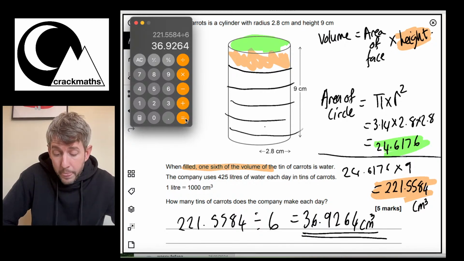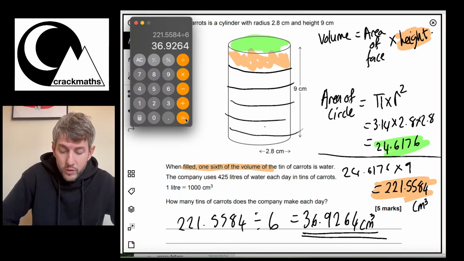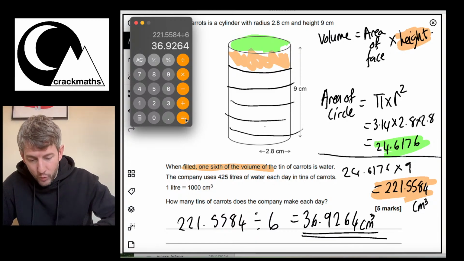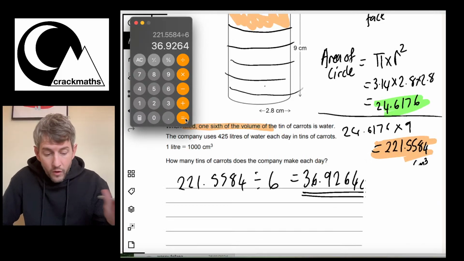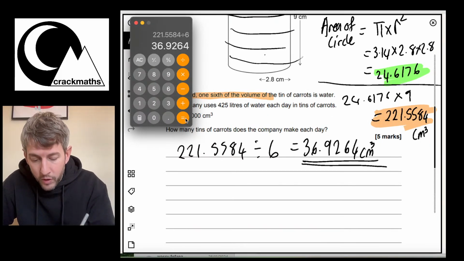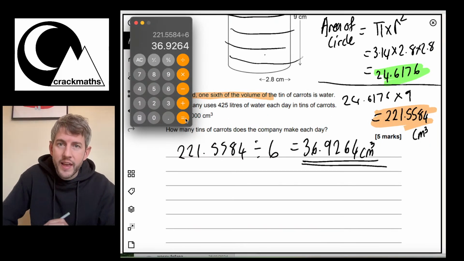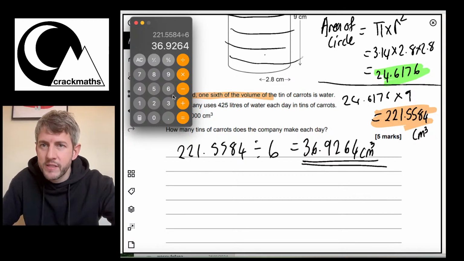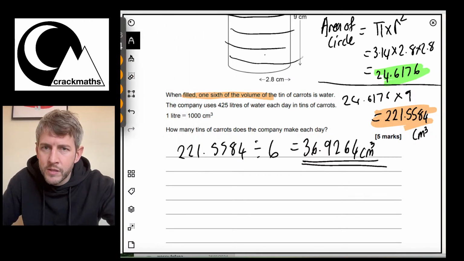Okay, so we know the company uses 425 litres of water every day. Right, so we know that 1 litre is 1,000 centimetres cubed. Let me just show you that there.